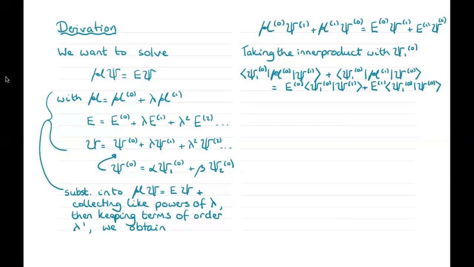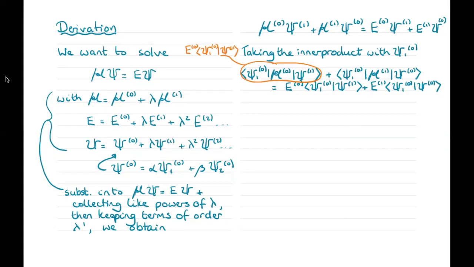So let's see how we can simplify this. First, in this term, H0 acting on psi1 of 0, we know is just E0 psi1 of 0. So we can simplify this term to E0 psi1 0, psi1. Remember, because H0 is Hermitian, we can operate either to the left or to the right, it's equivalent.